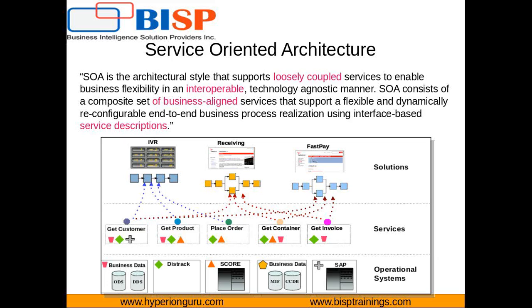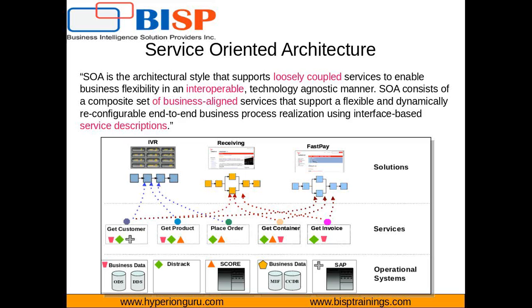Composite set of business aligned services. Now, business aligned is very important, because what SOA prescribes is that you do not create a functional service, or a service for that matter, just for the sake of creating a service. You create it for a particular business need, for a particular functional need, and that should be the definition of your service.